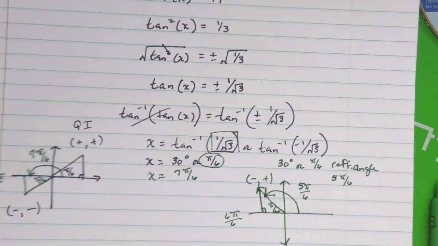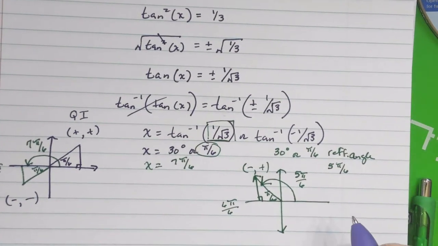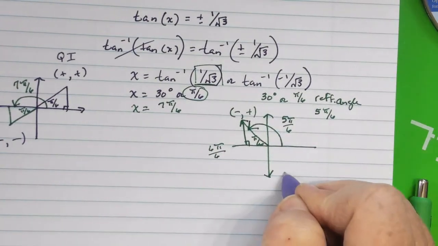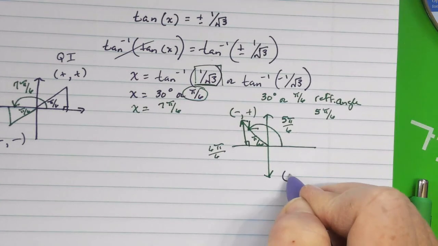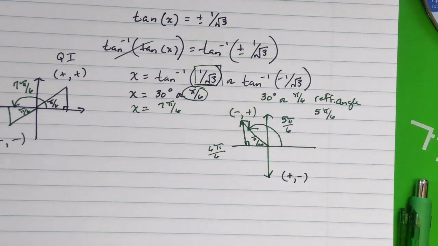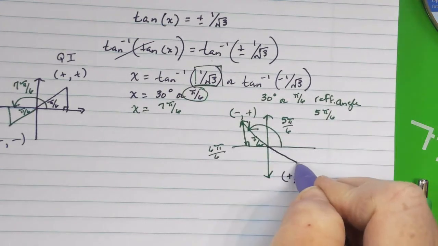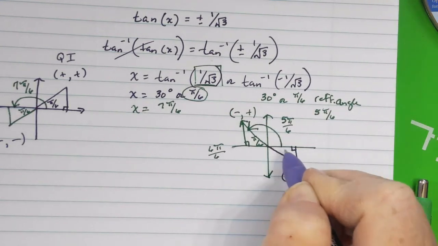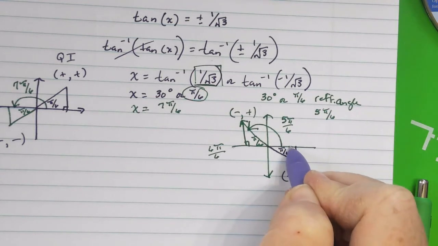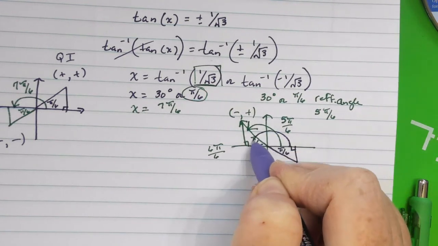Now, let's look for our second angle for the negative. In quadrant 4, the tangent is also going to be negative. So we have a reference angle of pi over 6 again. But you have to go all the way around.